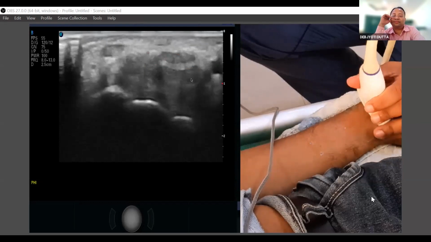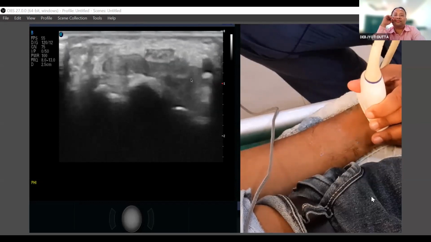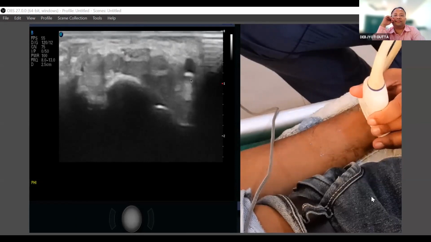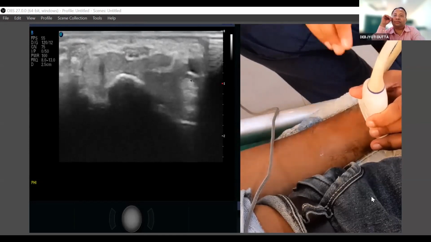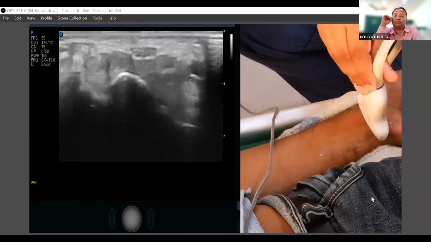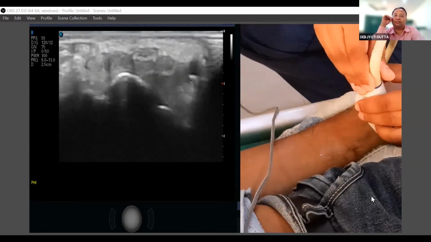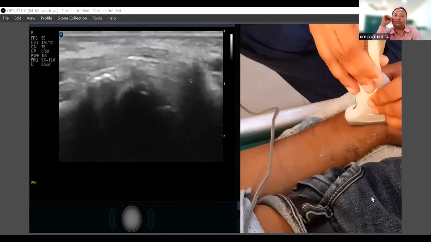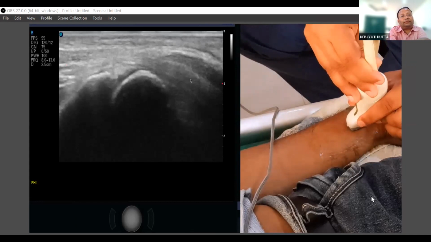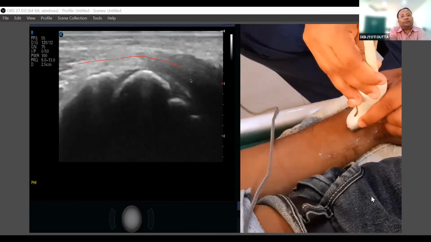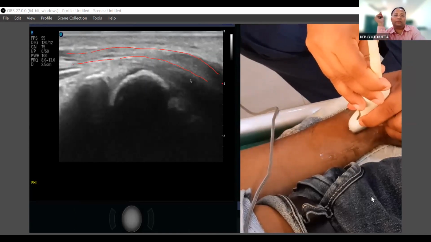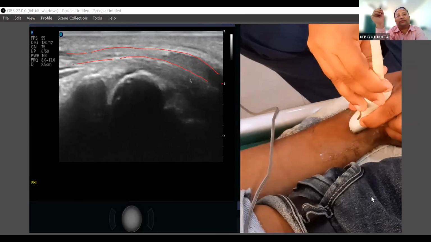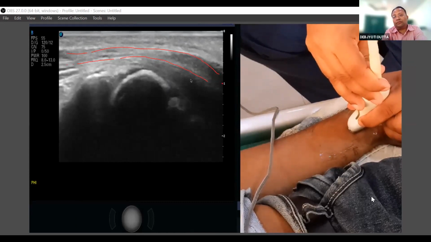Okay, now it's time to again see the median nerve, but in the long axis view. So we are applying the same formula here. We are putting it at the center, holding the probe stably with the other hand, and now we are rotating it. The structure is coming and sweeping down. This is the nerve.